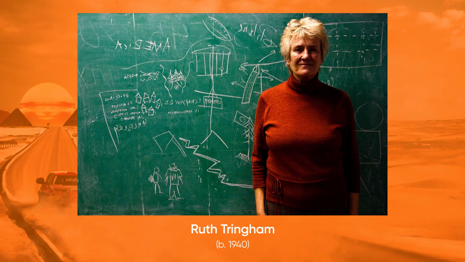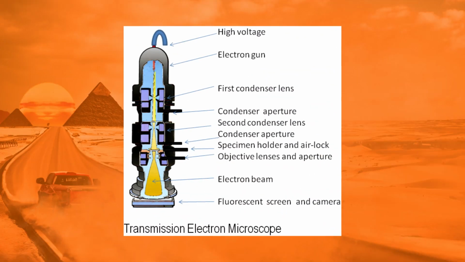A couple decades later, Ruth Tringham poked some holes in Semenov's analysis by focusing instead on microflaking. That's the minute chipping that occurs when something like a stone tool is manufactured or used. And then the real leap forward happened with the advent of the electron microscope, because that really allowed for very high quality imagery of very, very small surfaces.